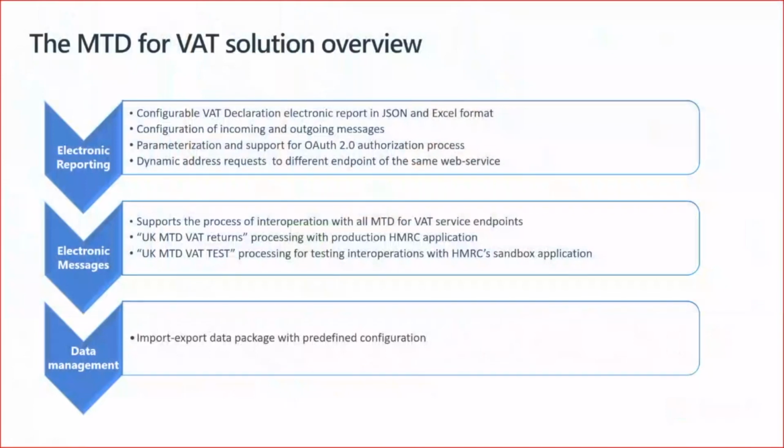Secondly, we use ER, the electronic reporting, to configure the content of incoming and outgoing messages, and also for processing authorization. Besides, we utilize electronic reporting formats as a kind of low-code containers, allowing us to transform dynamic service addresses in the interoperation with HMRC web service endpoints.